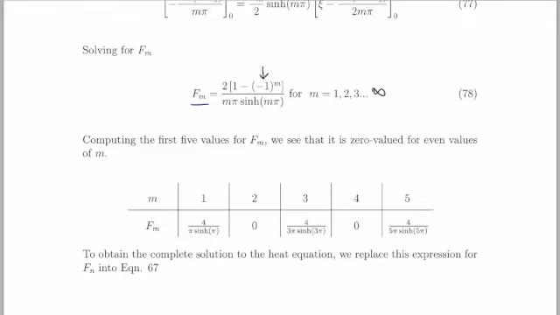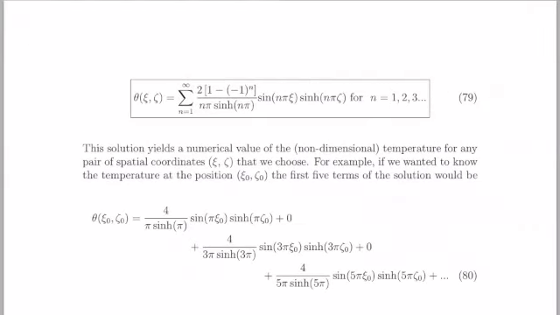So when m equals 1, 3, 5, 7, 9, and so on, you get a value. Otherwise, that -1 term is for an even value of m, it's positive, and the numerator of the constant of integration is 0. So that's why all of the even terms in this series are 0. So I'm only going to consider the odd terms, because otherwise I'm just wasting my time with the calculation.